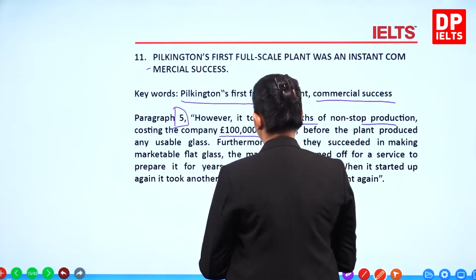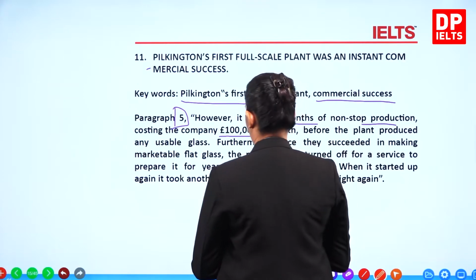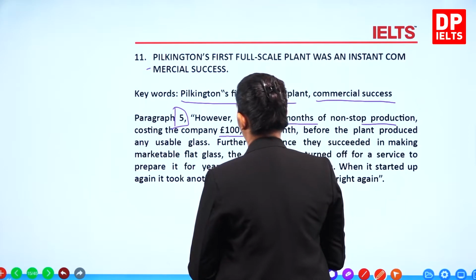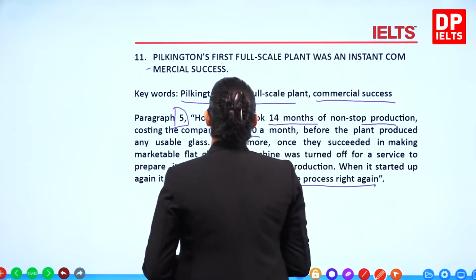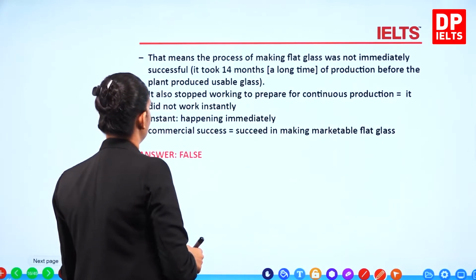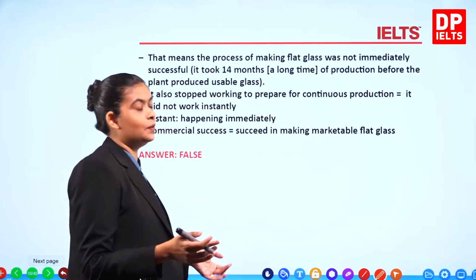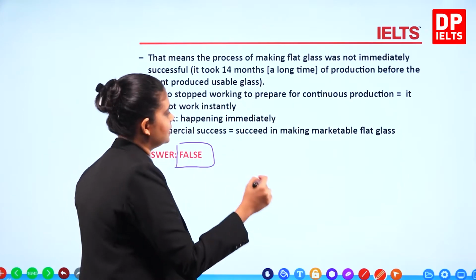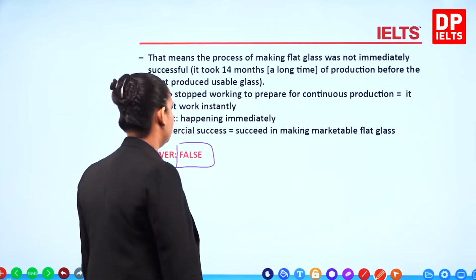Furthermore, once they succeeded in making marketable flat glass, the machine was turned off for a service to prepare it for years of continuous production. When it started up again, it took another 4 months to get the process right again. So, Pilkington's first full-scale plant was an instant commercial success. Let's see, I think no, right? Because the process was taking so long, I don't think it was an instant success. So, it was false. Commercial success means success in making marketable flat glass. So, it wasn't a good start.